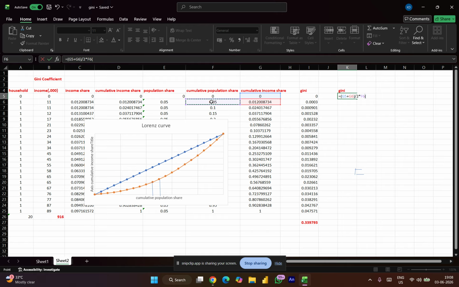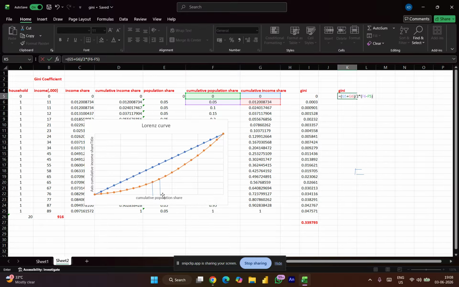That means the population share up to this extent minus the smaller extent, so that we get the length of this portion.